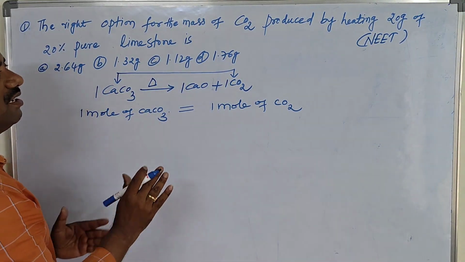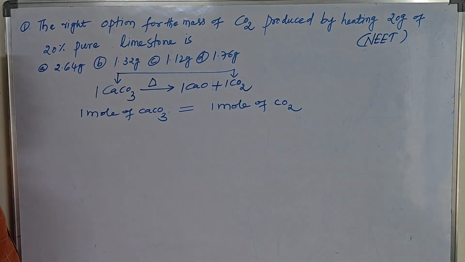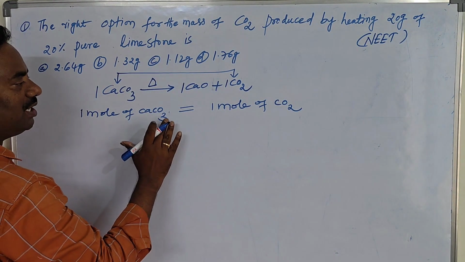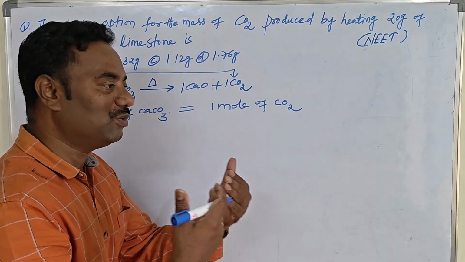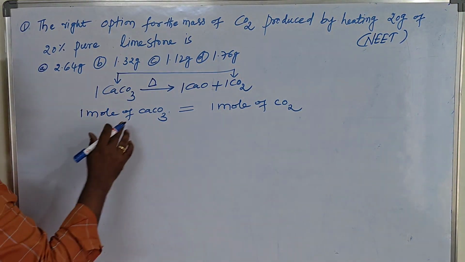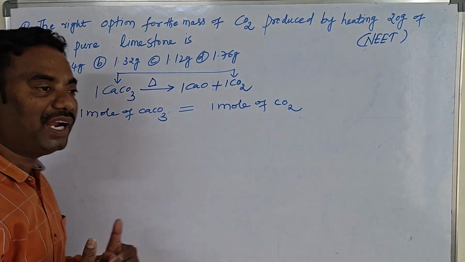When we heat 20 grams of 20% pure limestone. From the equation I know that 1 mole of CaCO3 produces 1 mole of CO2. These moles I want to convert into mass. I know that the mass of CaCO3 is 100. How am I getting that value?